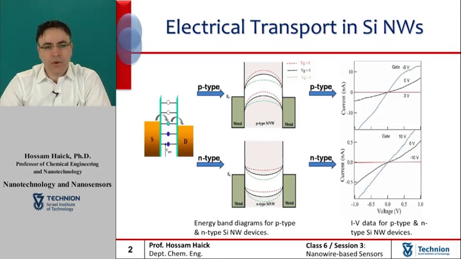For the n-type silicon nanowires, this lowering of the bending bands leads to an accumulation of electrons in the n-type silicon nanowires and therefore enhances the conductivity.